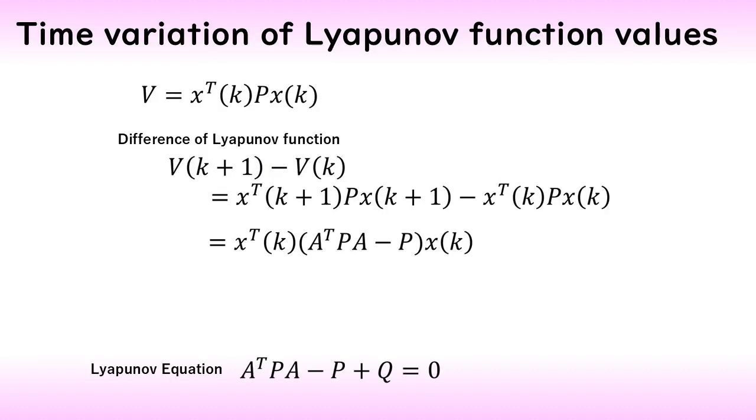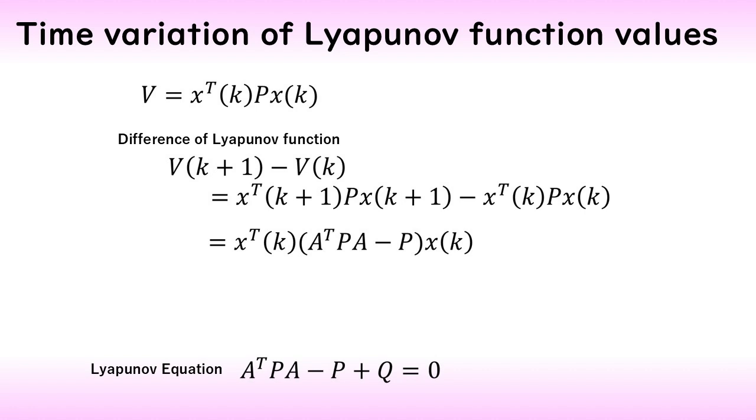Quadratic form is given as a function, similar to continuous time system, and the difference of Lyapunov function is given by V(k+1) minus V(k) and can be given as x transpose (A transpose P A minus P) x, and we can consider Lyapunov equation like this.